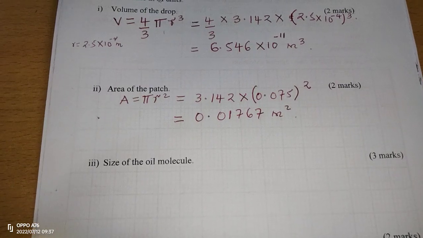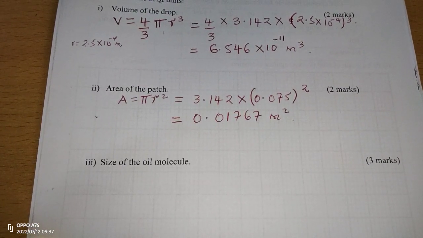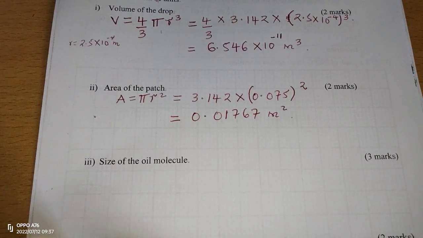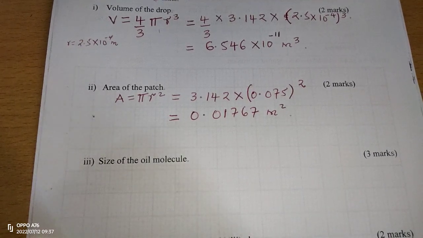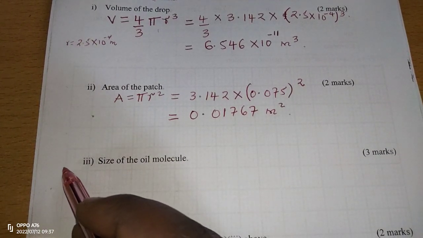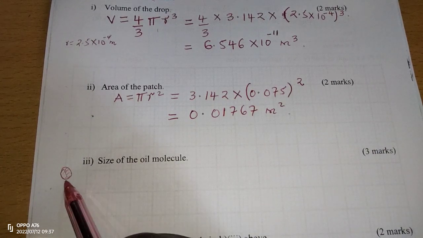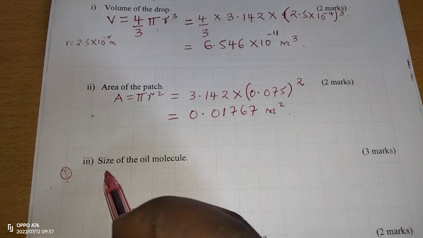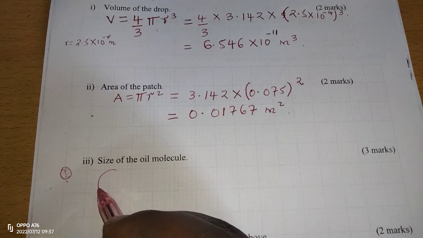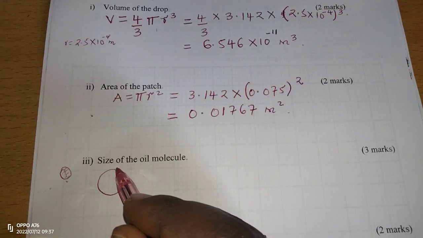And finally, part 3, we are told to find the size of the oil molecule. It is very important to know that when we have a drop that is spherical, this drop spreads until it occupies a big area.